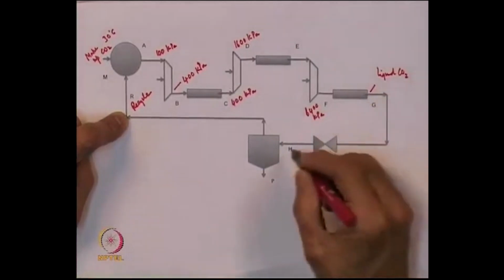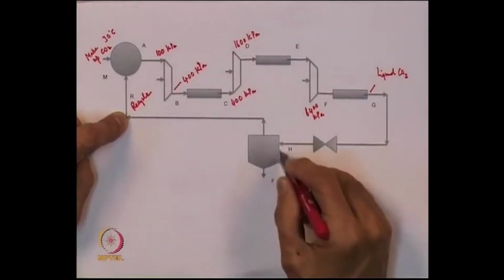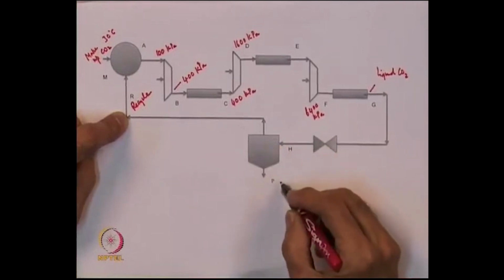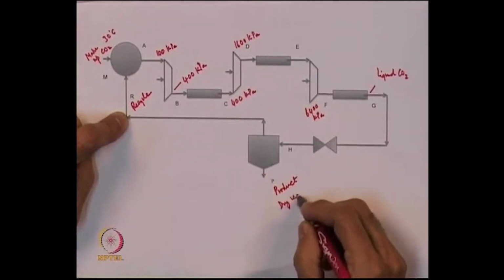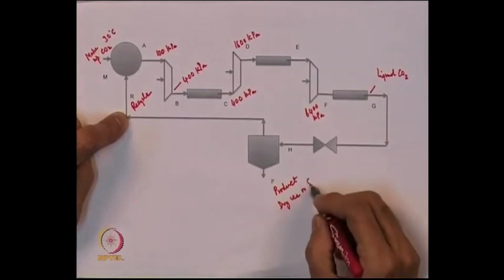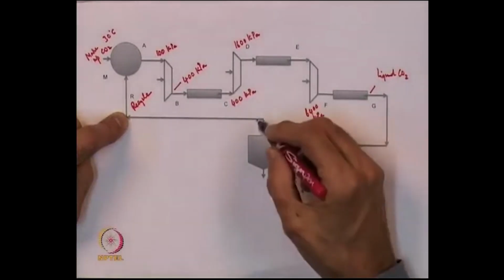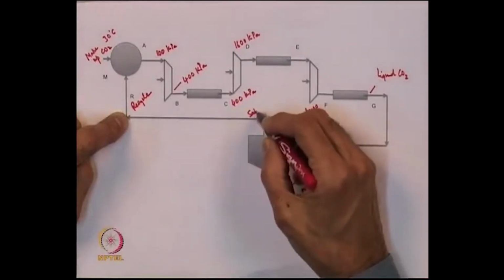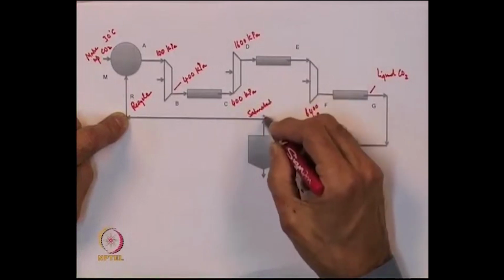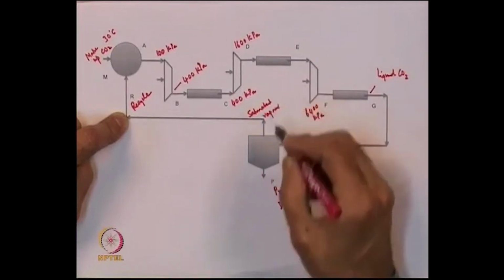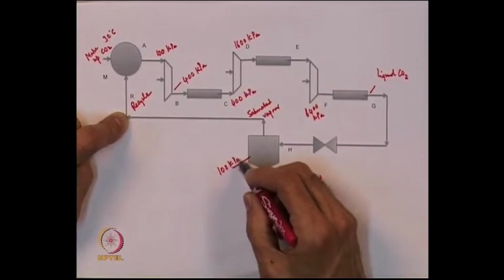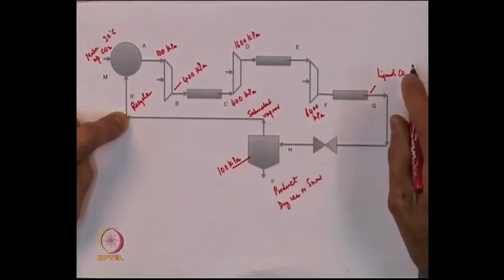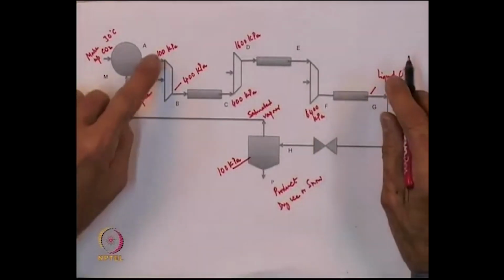This liquid is now throttled, and it goes into a separation drum where you have the product, which is dry ice or snow, as it is called, and here you have saturated vapor. The pressure in this chamber is 100 kPa. So, the process is clear.